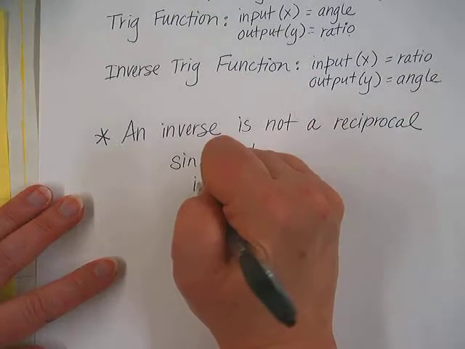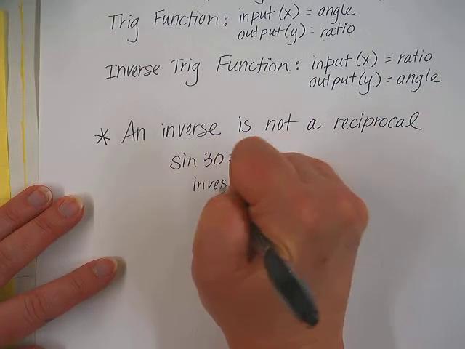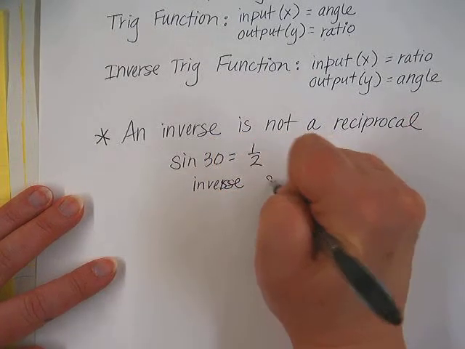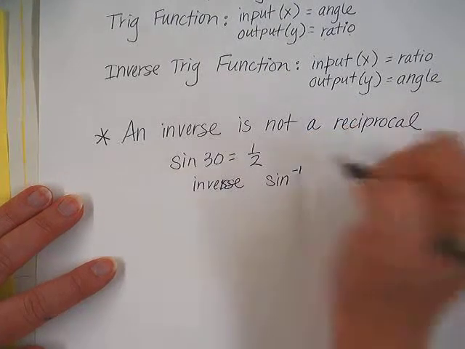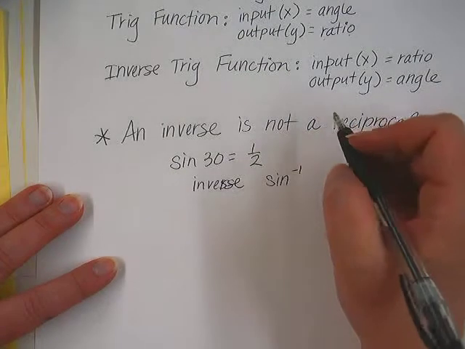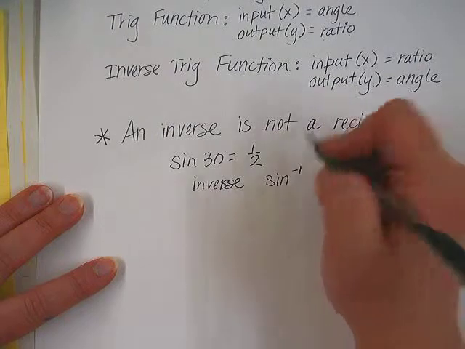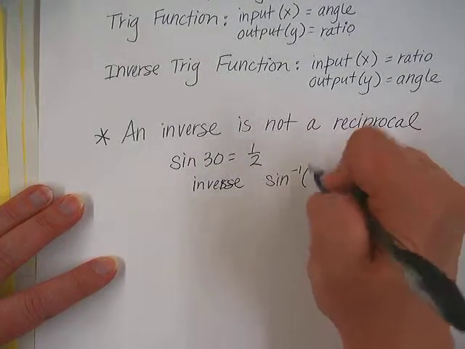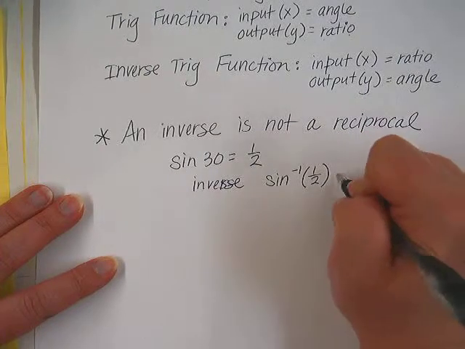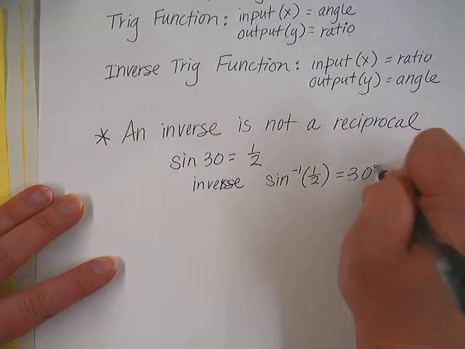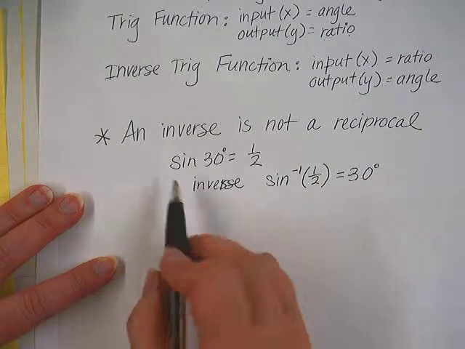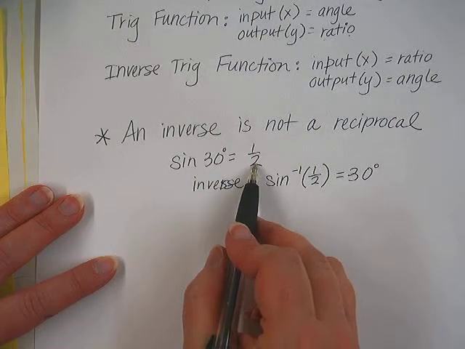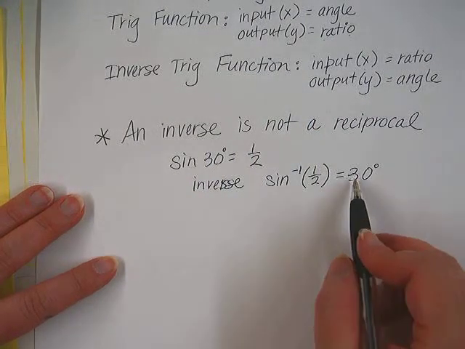The inverse of that is when we do the inverse sine. This is one notation for inverses, the sine to the -1. So if we're doing the inverse sine of 1/2, we get 30 degrees. So with the function itself, we put in 30, we get out 1/2. We put in 1/2, we get out 30.